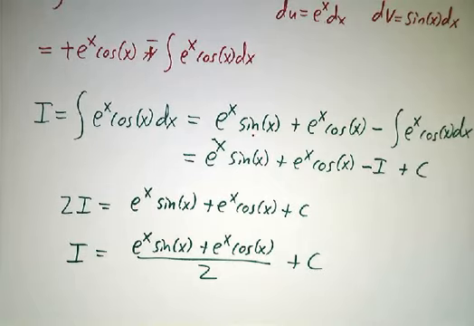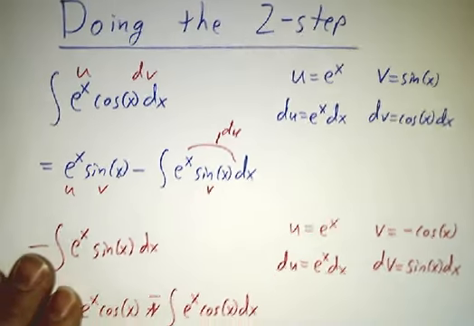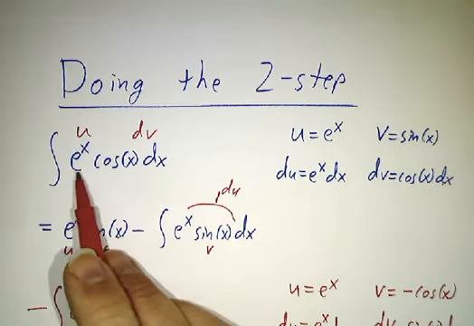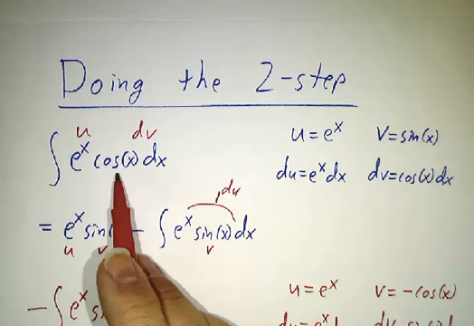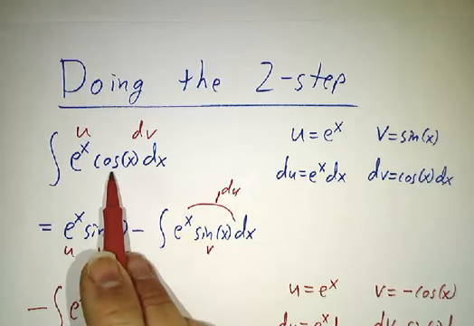So, if you can't replace a hard integral with an easy integral, try replacing a hard integral with a multiple of itself plus change, and then use algebra. One last thing about this process. I said that you could start off with making u e to the x, or you could have made u cosine of x. But whichever one you use, you've got to keep going.